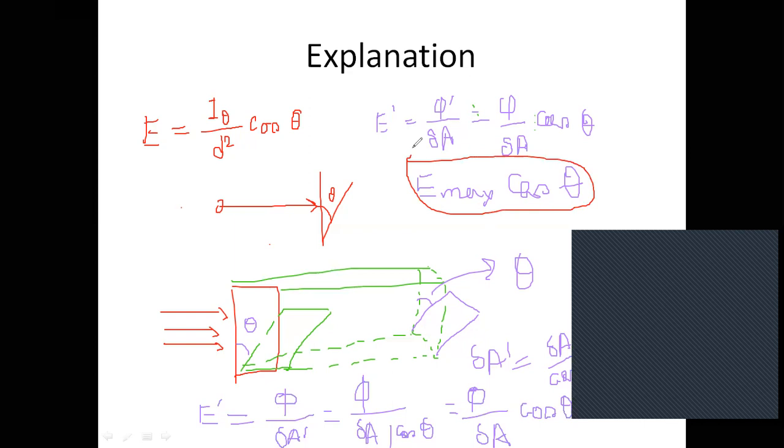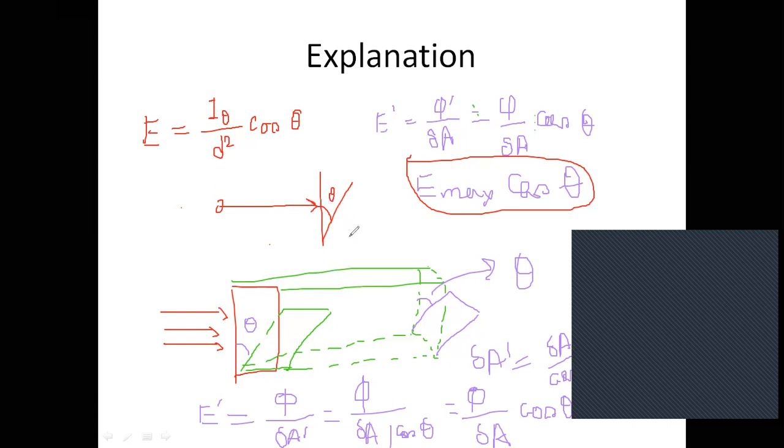Again, just remember, illuminance at a point on a plane is proportional to the cosine factor. If it is perpendicular, then the intensity is high.